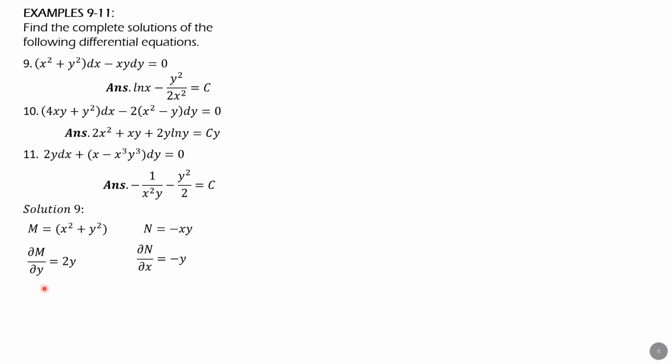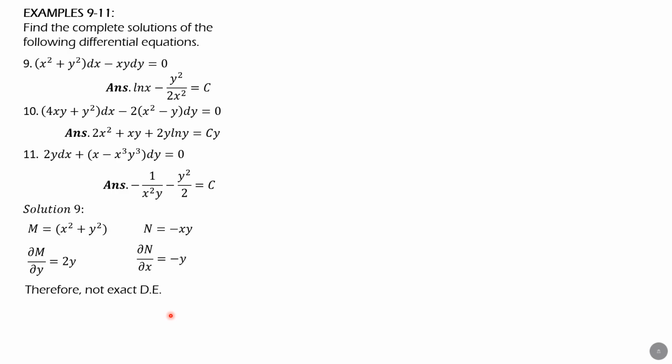Since partial of m with respect to y is not equal to partial derivative of n with respect to x, this given differential equation is not an exact differential equation. So let's try case 1, if the integrating factor p is a function of x alone.